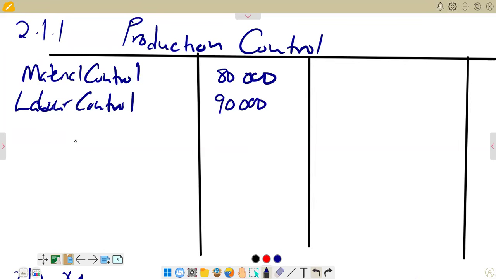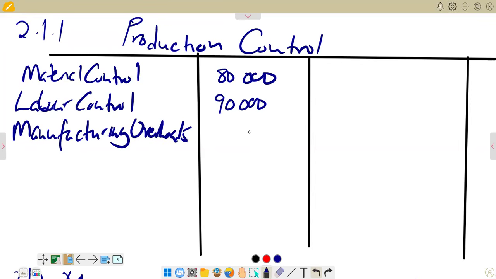And then we have manufacturing overheads. Manufacturing overheads, the figure that we have is 40,000. So these are the entries that we have in terms of the debit side of the production control.